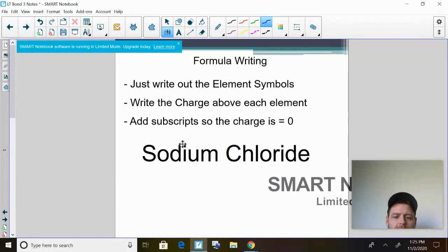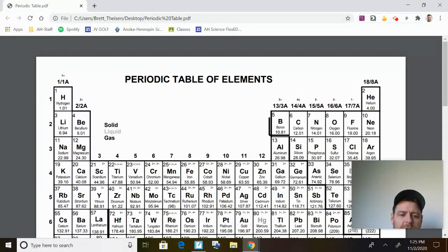All right, so just write out the element symbols when you're given a name. Write the charge above each element. We're going to crisscross and make sure they're equal to 0. So sodium, I look at my periodic table, is Na, and chlorine is Cl. Sodium is a +1 charge, and chlorine is a -1 charge.